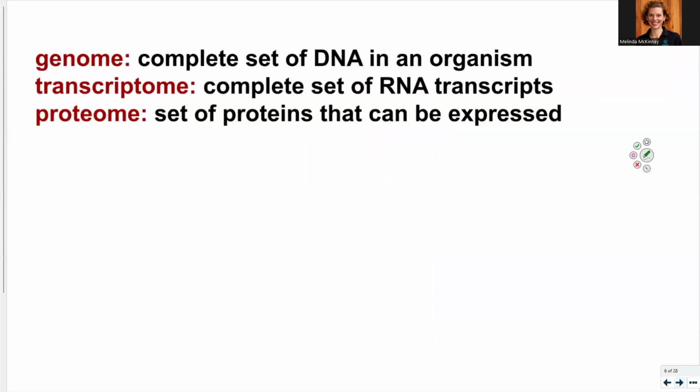Just a few vocabulary terms for the last slide here in this video. The genome is your complete set of genes and all of the other DNA, so this is all the DNA in an organism. You can think G for genes.